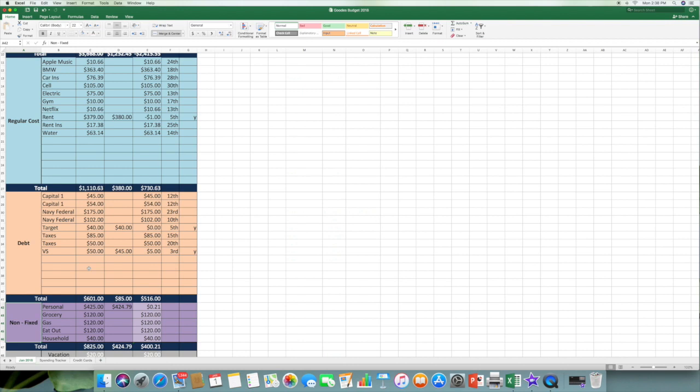And these are categories that I typically need my cash clips for because I do the overspending in these categories. And these are the amounts that I budgeted for the month of January. So you have to remember your budget will not be exactly the same every month. So for example, my personal budget is never $425.